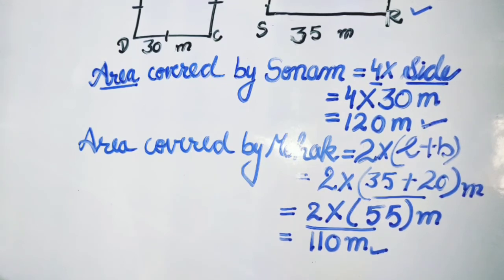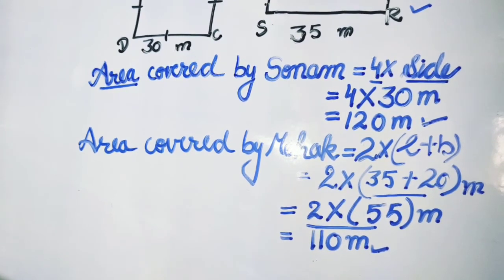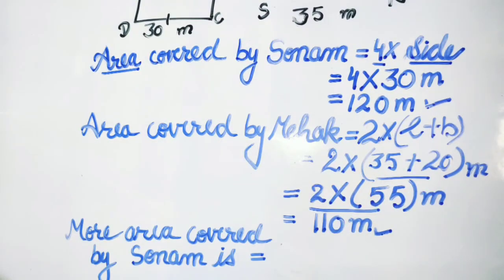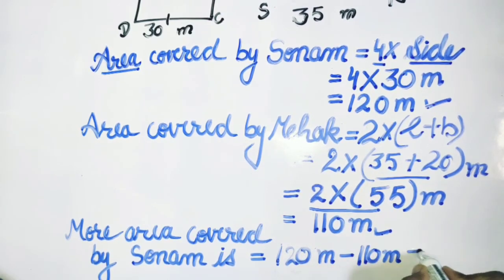So when students, how much is asked, it means we have to subtract, right? Now we will calculate more distance covered by Sonam, that is 120 meter minus 110 meter, that is 10 meter. Hence, more distance is covered by Sonam, that is 10 meter.